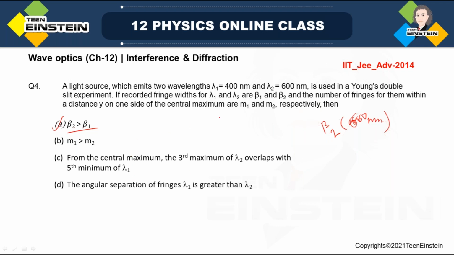All right, we'll go to the next question. The next question says that the number of fringes for them within a distance y on either side of the central maxima are M1 and M2.